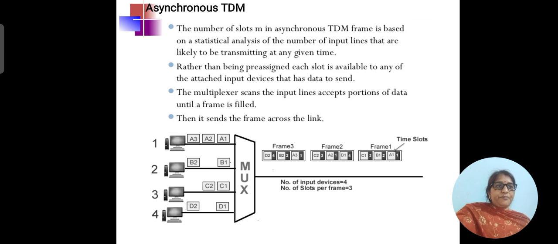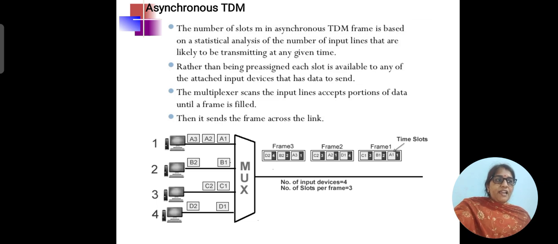Asynchronous TDM. The number of slots in an asynchronous TDM frame is based on a statistical system of the number of input lines that are likely to transmit at any given time, rather than being preassigned.